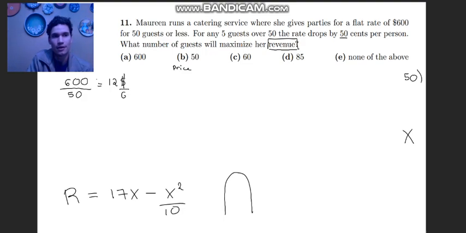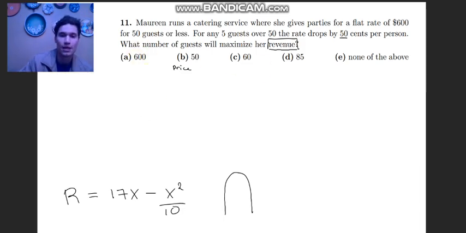It will be a parabola like that. And we are looking for the maximum of that revenue. That maximum will be the maximum point of that parabola, which is the vertex. So we are looking for that point, the vertex of that parabola.